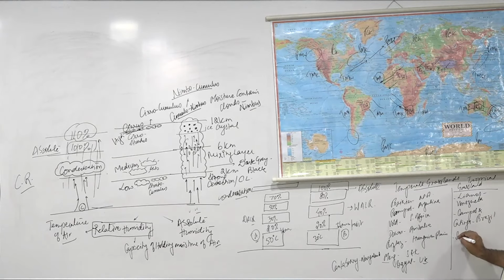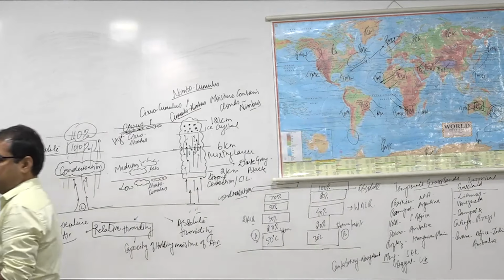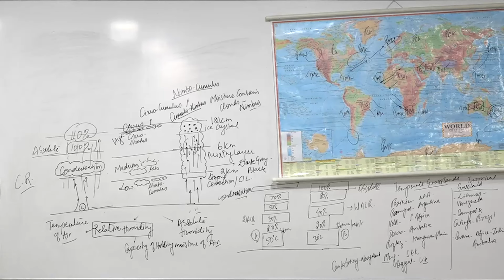This is called savanna in Africa, India and Australia. These are the tropical grasslands. Okay, so temperate grasslands are nutritious and favorable for wheat and many other crops, right?